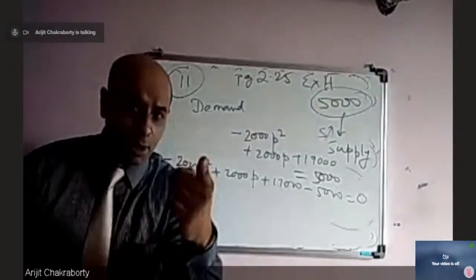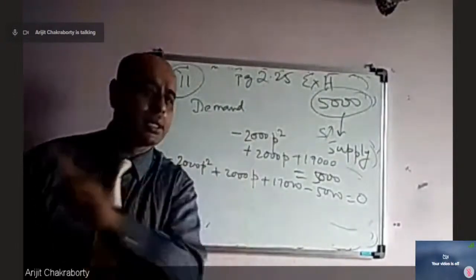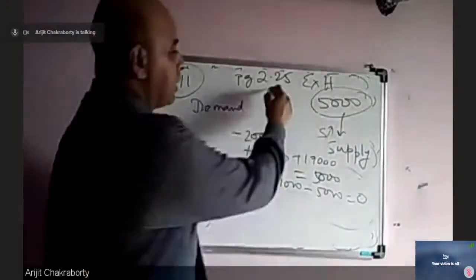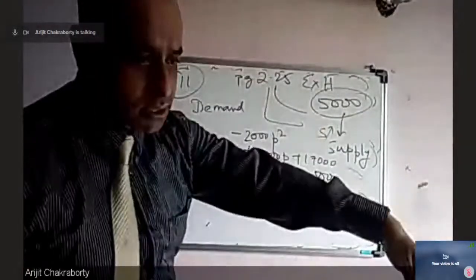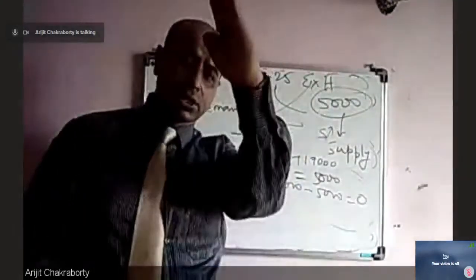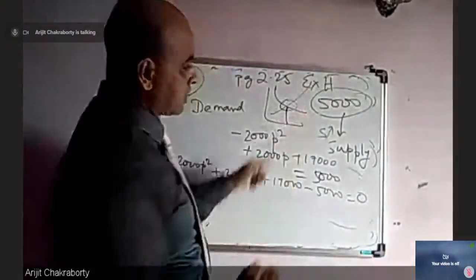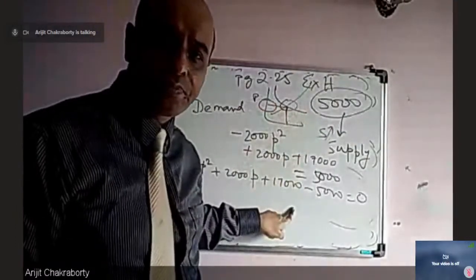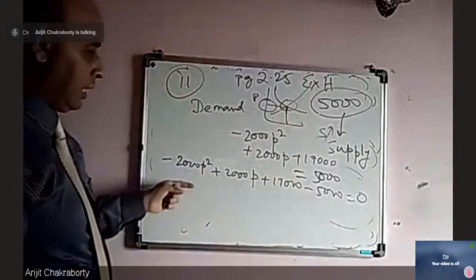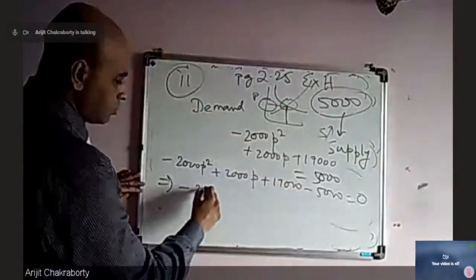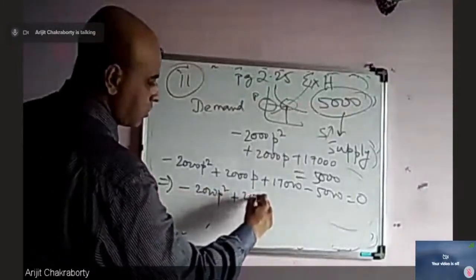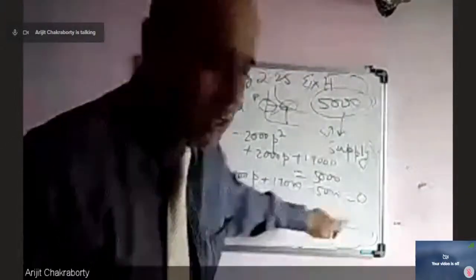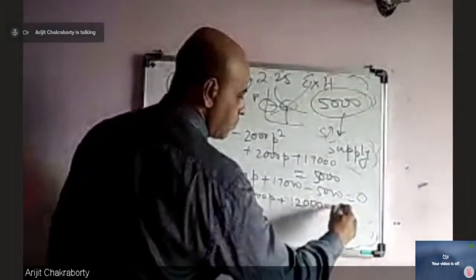But the important point is zero inventory means no closing stock: the point at which the demand curve and the supply curve, sloping upwards to the right, meet gives the quantity and the price. And this price you have to find out. So what is the equation now? Minus 2000 P square plus 2000 P plus 17,000 minus 5,000 is 12,000, so plus 12,000 equal to 0.